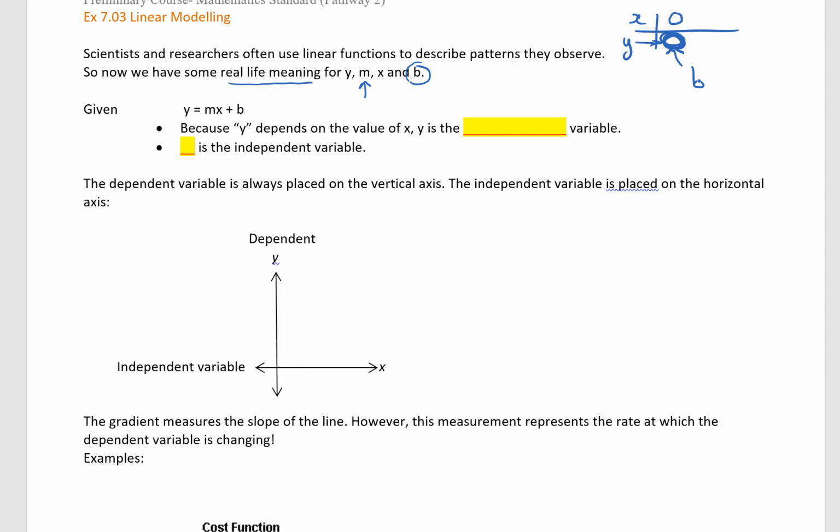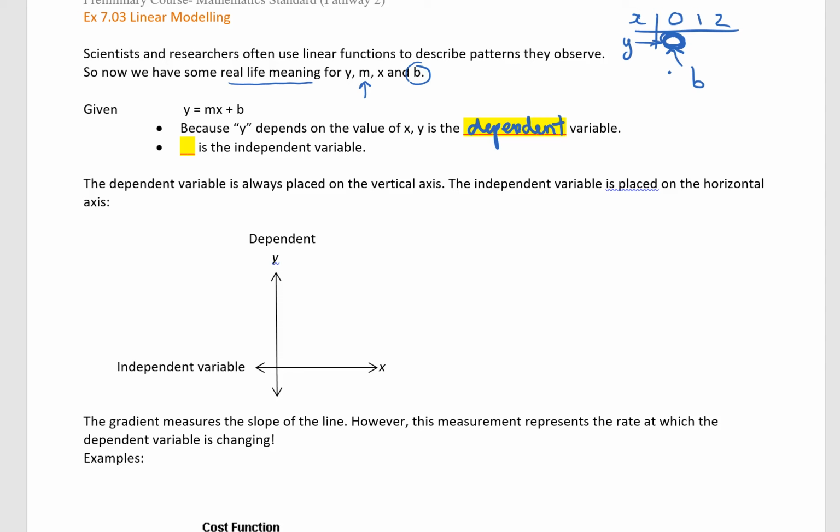Okay, we have some more terms to introduce, and you must know the definition of these terms. y is defined as the dependent variable. Why? Because it depends. This y value depends on the x values. It's depending on whatever x value I use in my equation.